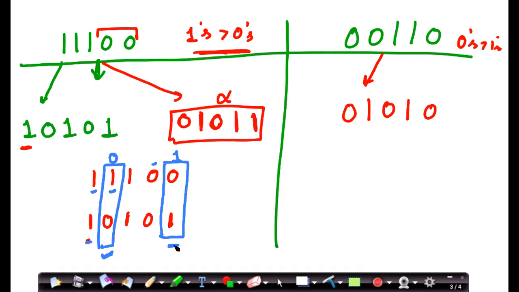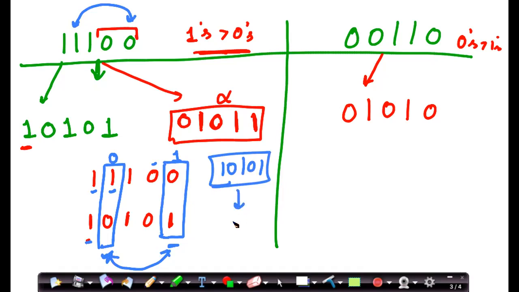That means there are 2 positions at which incorrect characters are present. Then we'll just swap these 2 positions to find our final answer. So in the original string, we'll just swap this 1 and 0. So you'll get 1, 0, 1, 0 and 1 as our final answer. So if we found 2 wrong characters, then we just need 1 swap over here.